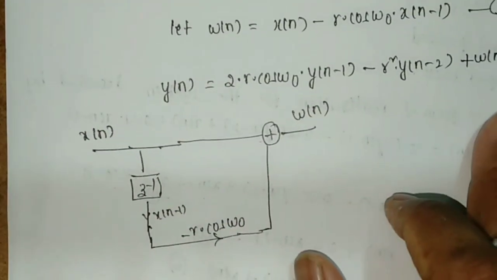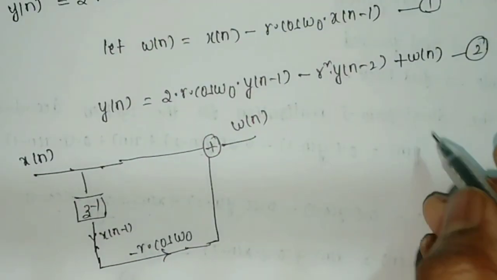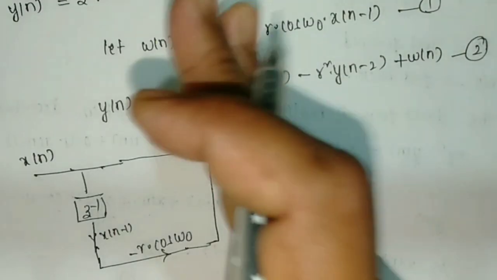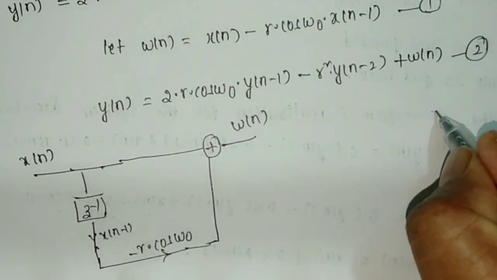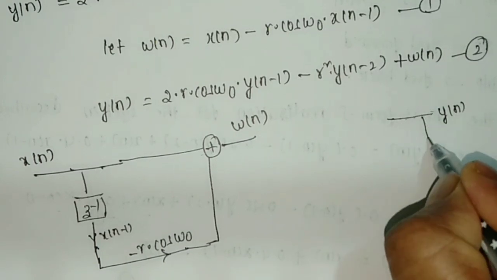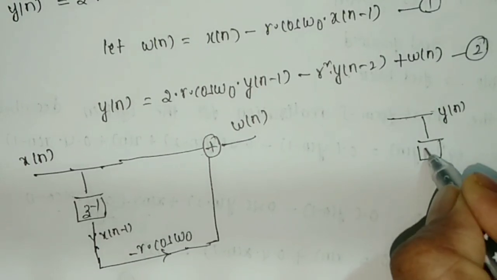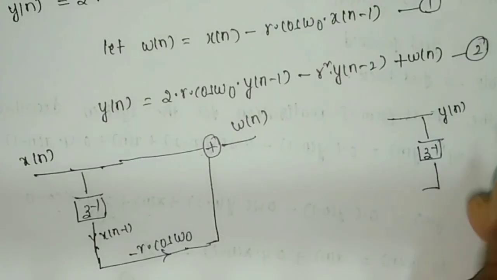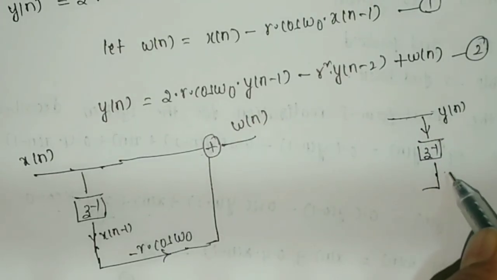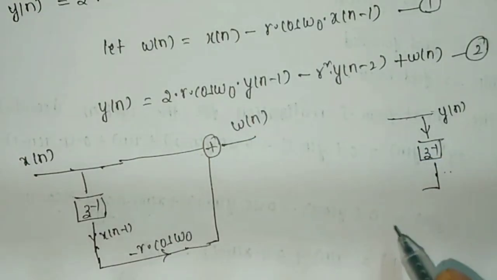So next you have to implement this, right? This is the feedback process. So it means that from output to the input side you have to write. So here I am taking y of n. I am taking the z power minus 1 here, so after passing y of n it becomes y of n minus 1. That y of n minus 1 should be multiplied with 2r cos omega naught.